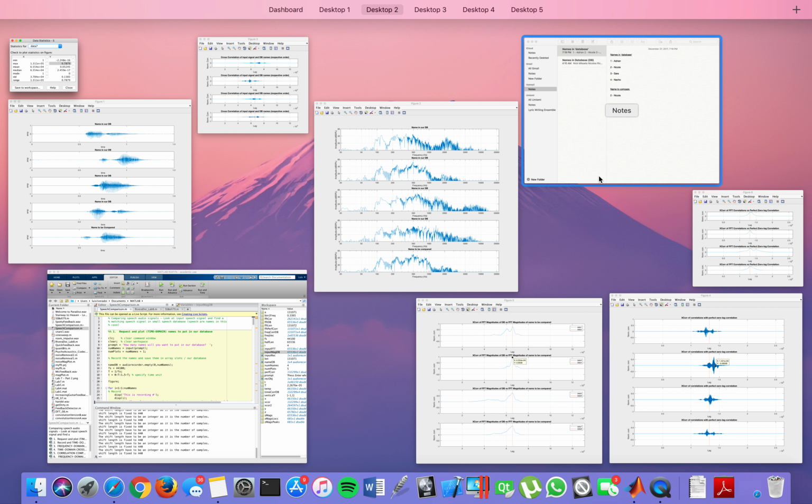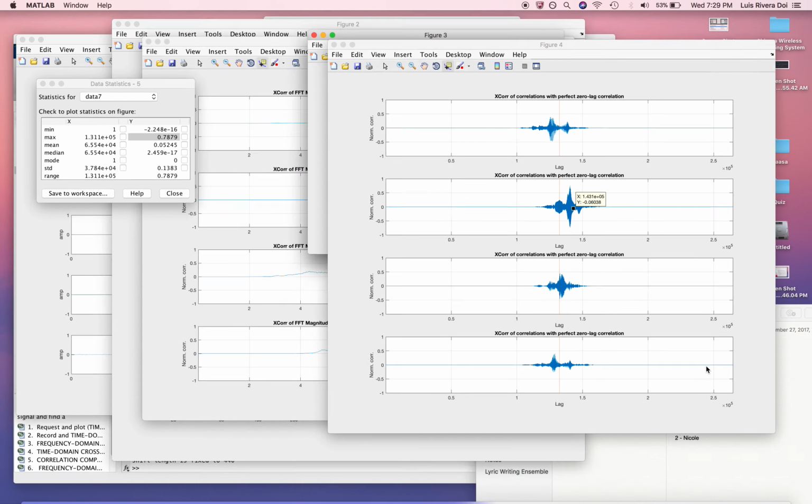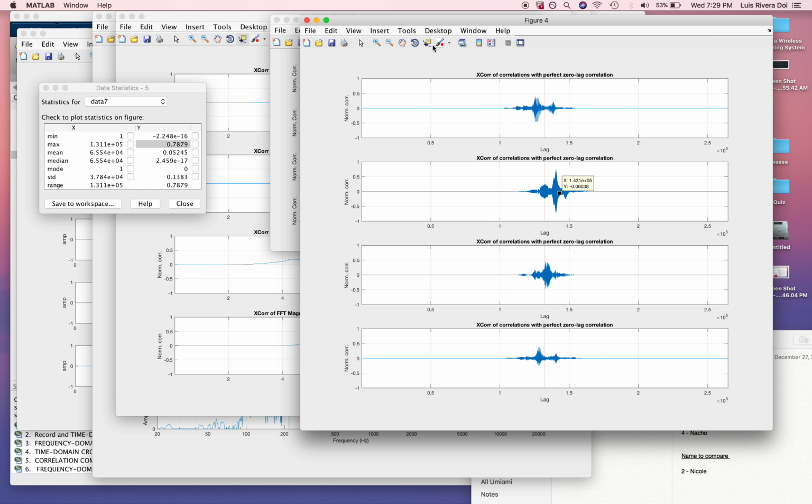And in the time domain, where is it? In the time domain, there was a 76% chance.